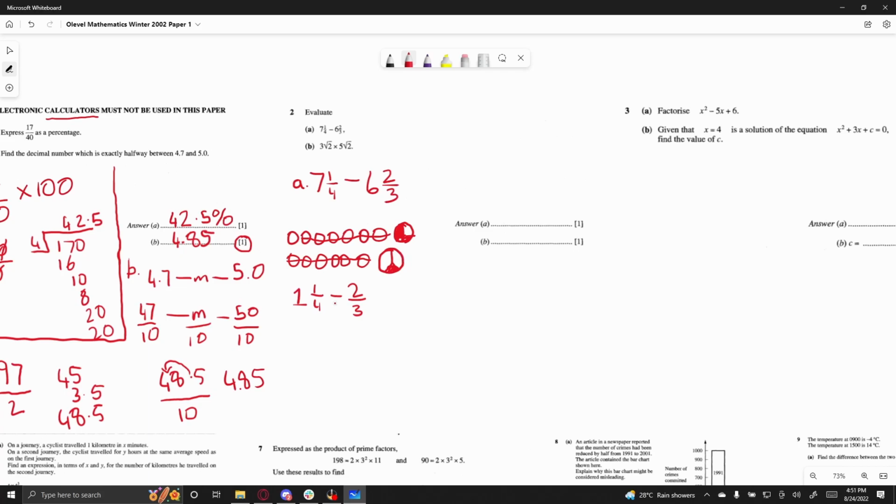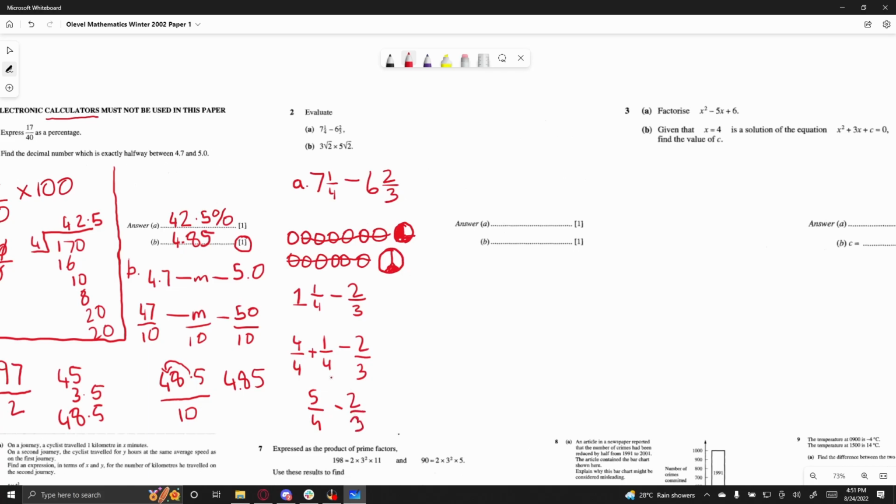Now what we can do is we can convert this into a mixed fraction. So this becomes 1 becomes 4/4 plus 1/4 minus 2/3. And obviously 4/4 plus 1/4 would make it 5/4 minus 2/3.